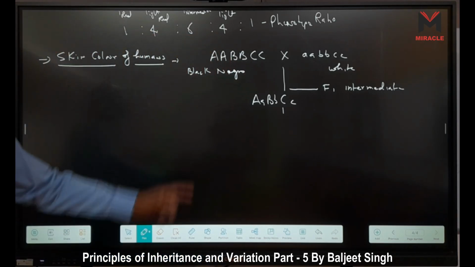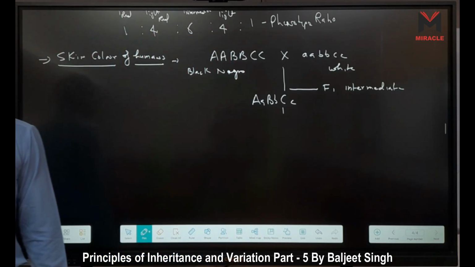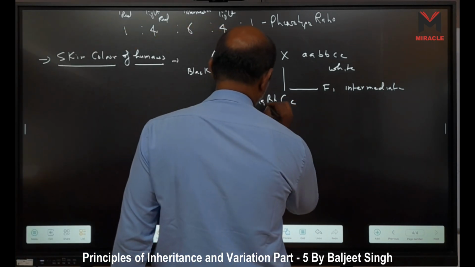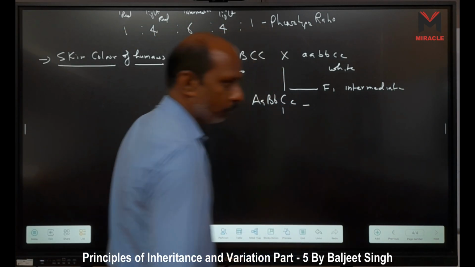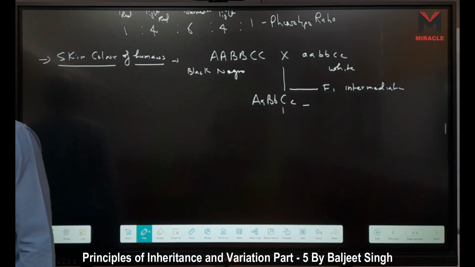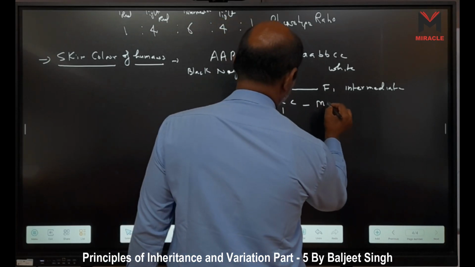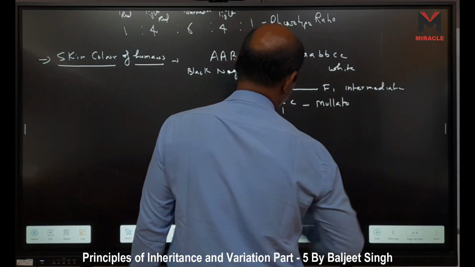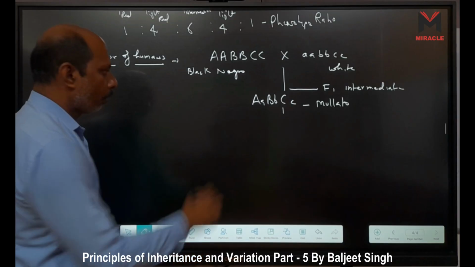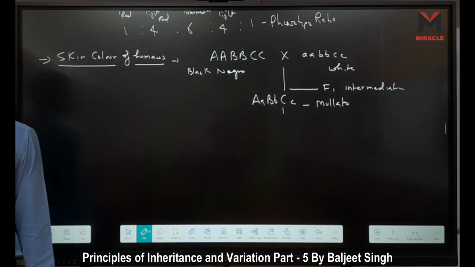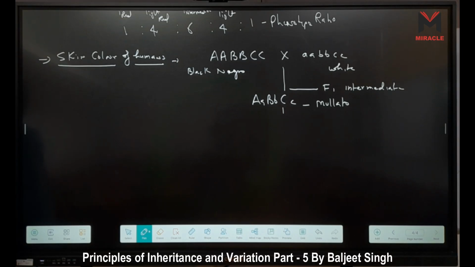Right? In case of selfing, then what happens? This one is F1 generation. So these are called mulatto. This color is called mulatto color. Right? Mulatto. So on selfing, we get different, means intermediates are there, right?